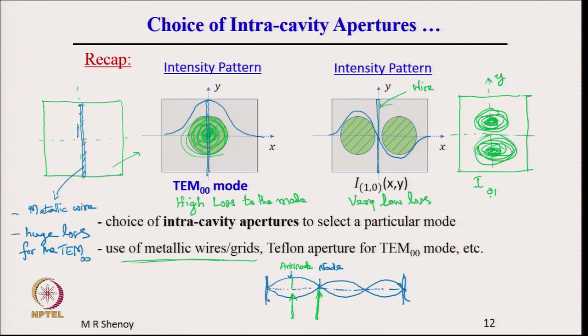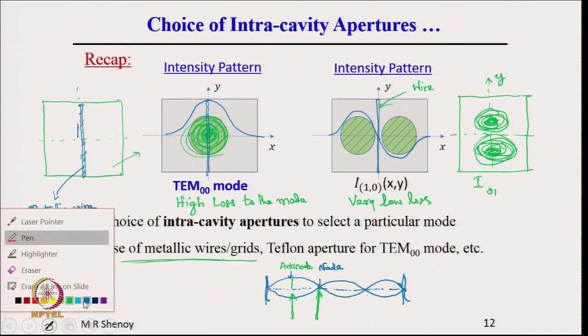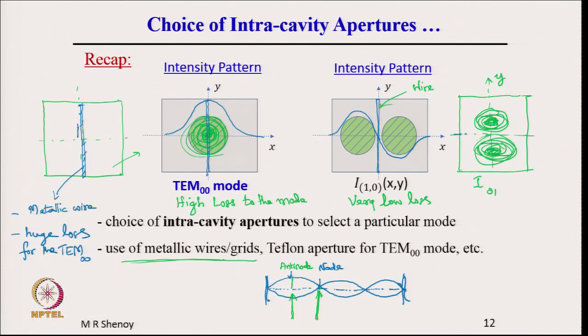Similarly, for I01 here, if I place the wire like this, so it is the same wire, but now if I place the wire like this, this will also cause very low loss. So, very low loss.